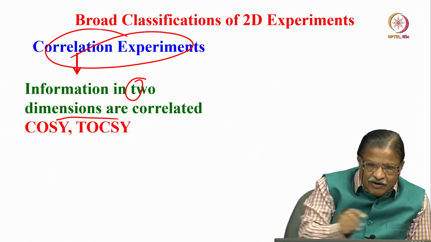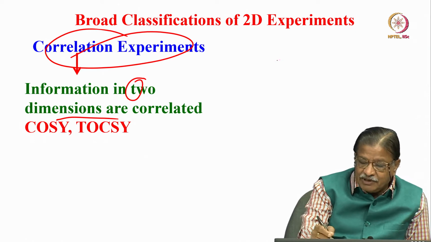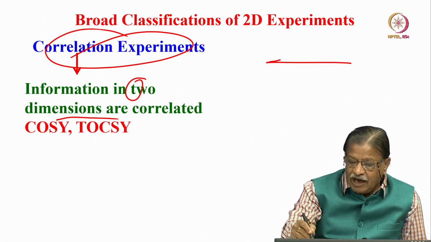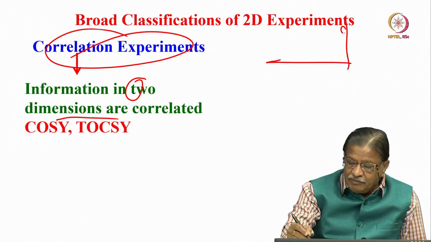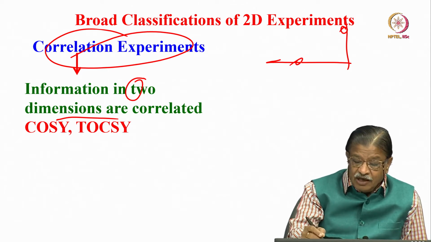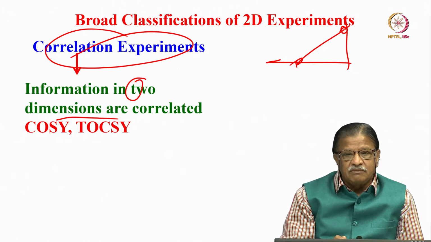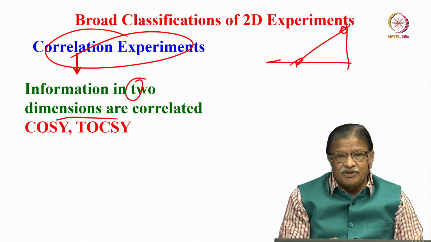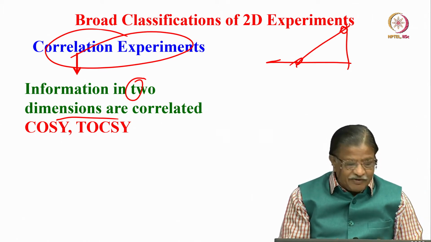If I have carbon 13 in this dimension, let us say, and a proton here, I can have the proton chemical shift here and the carbon chemical shift in this dimension. Then I know which carbon is attached to which proton. So I can have this correlation information. That is one type of experiment.